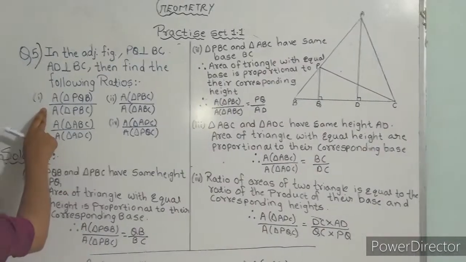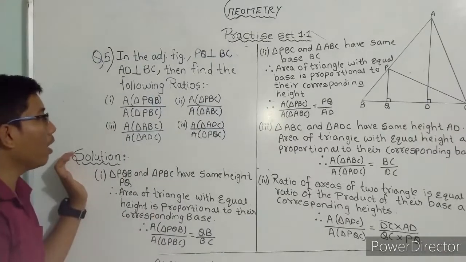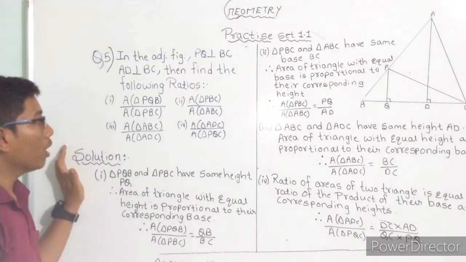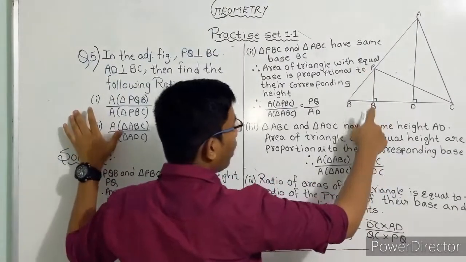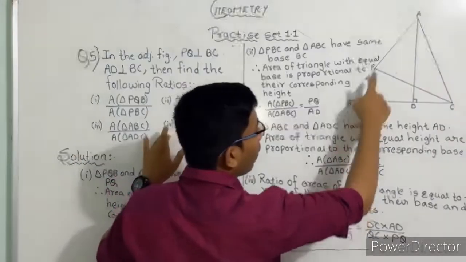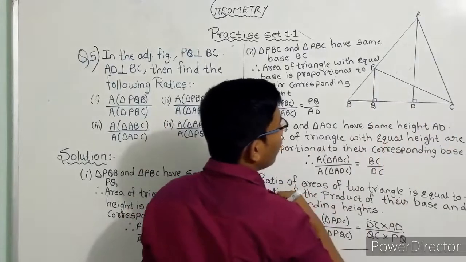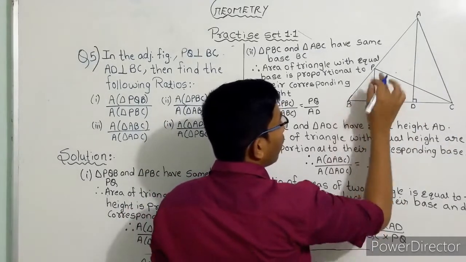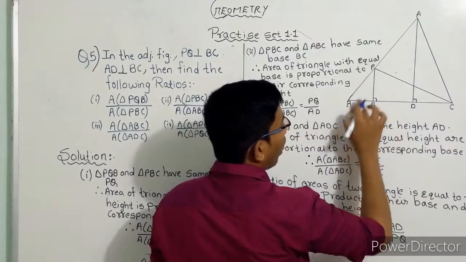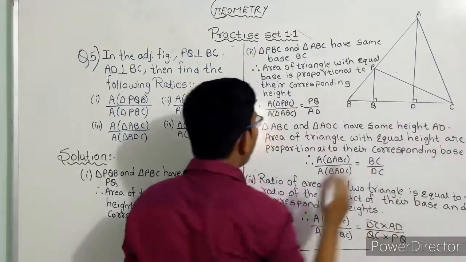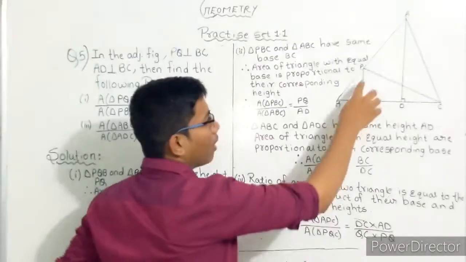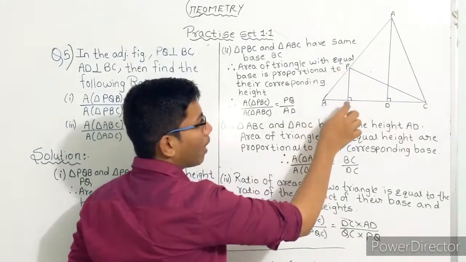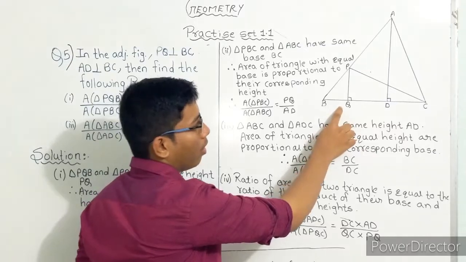First ratio we have to find is area of triangle PQB upon area of triangle PBC. In triangle PQB and in triangle PBC, PQ, which is given in the diagram, acts as a height for both the triangles.